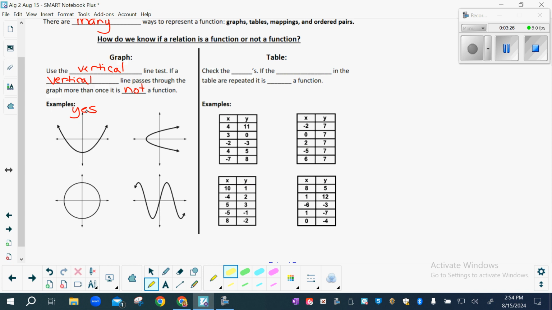Will any vertical line pass through it more than once? No. So no vertical line passes through the graph more than once.